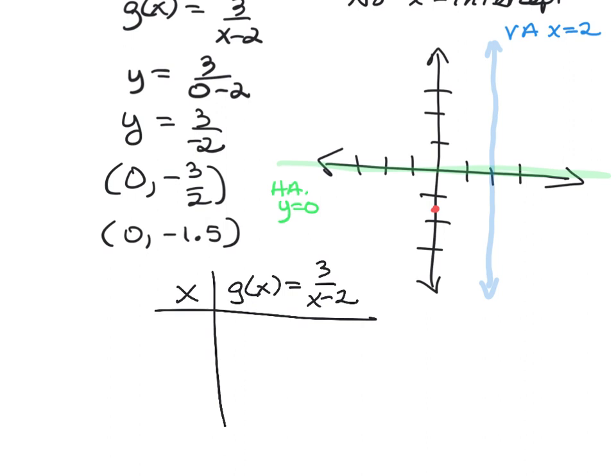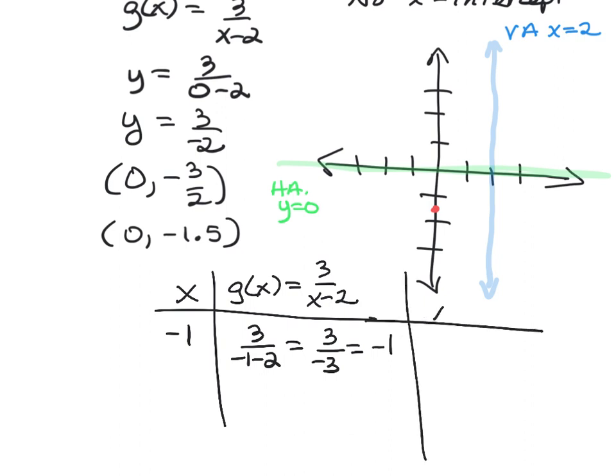So I'm actually going to plug in negative 1, and I'm going to follow order of operations. So 3 over negative 1 minus 2, 3 over negative 3, which gives me negative 1. So now the ordered pair that I'm going to be graphing is negative 1, negative 1.